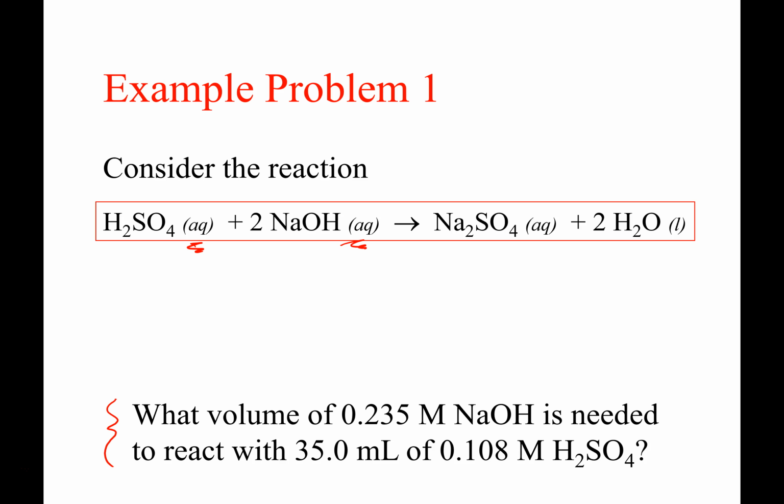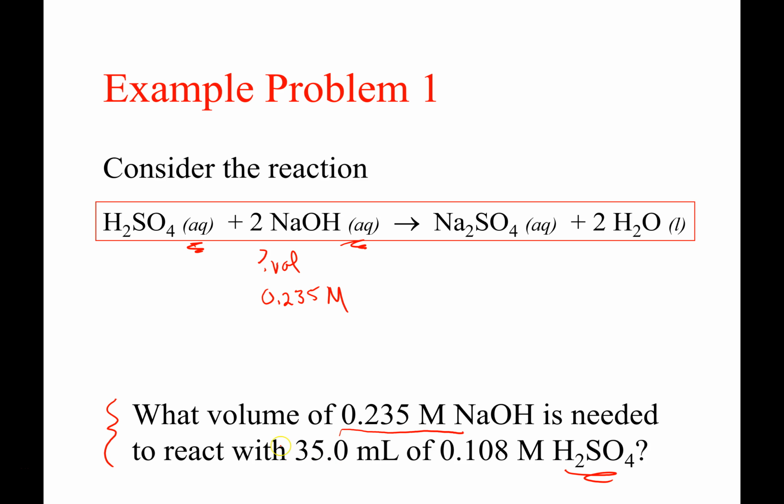So what volume of 0.235 molar NaOH? I'll find my NaOH, and under my NaOH, I'm going to put question mark volume. What volume of NaOH? Notice that I know the molarity of the NaOH, 0.235. I'll put a big M there, and big M means moles of NaOH per liter of that NaOH solution, is needed to react with, now we're dealing with H2SO4, so I'll put this information under my H2SO4.